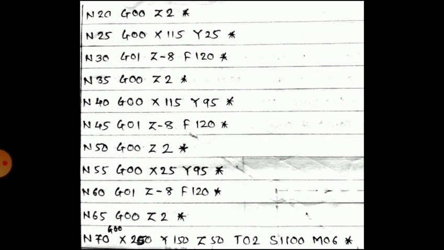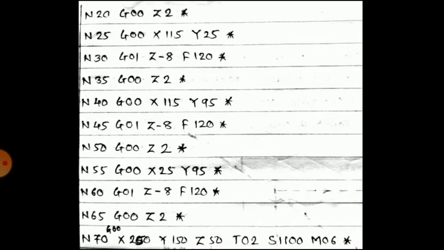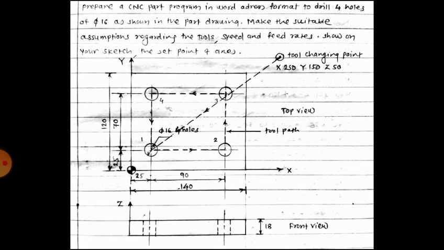So N55 G00 X25 Y95. These are the coordinates of hole number 4. So you can see the X distance is 25 and Y is 95. You can see it in the diagram. So this is the diagram.